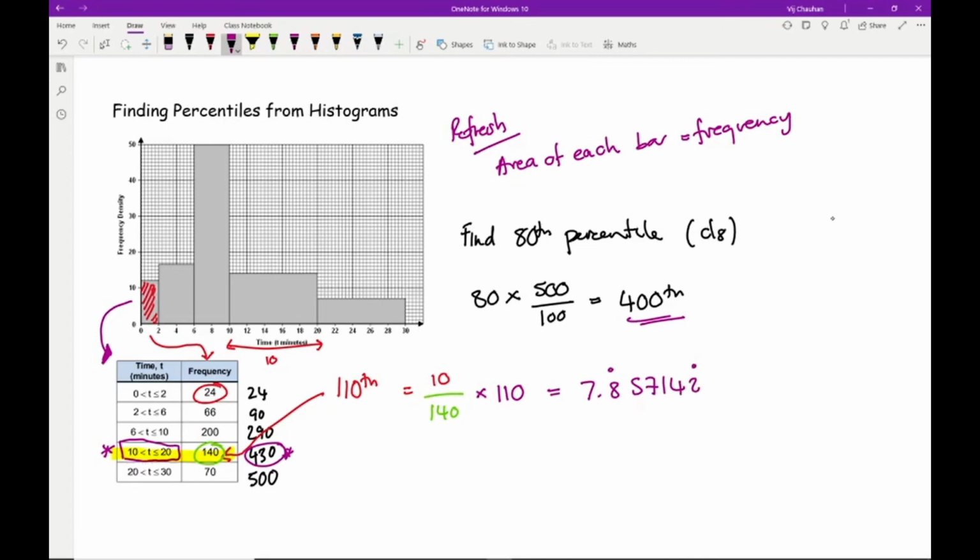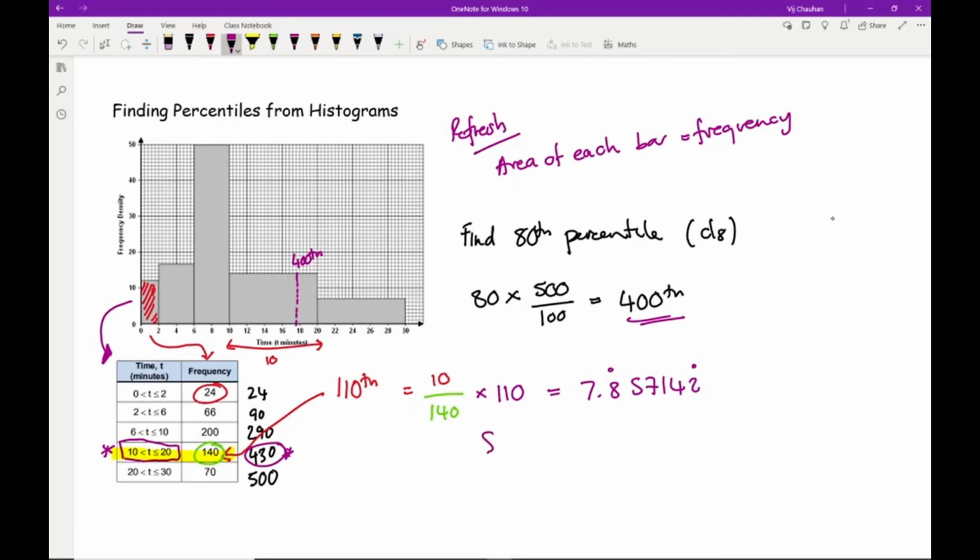So that tells me that if I count 7.8, which is roughly around here, there is where my 400th person is estimated to be. The reason why it's estimated is because we're looking at group data. If I had raw data, it'd be more accurate, but because I'm going off group data, it's always going to be an estimate.